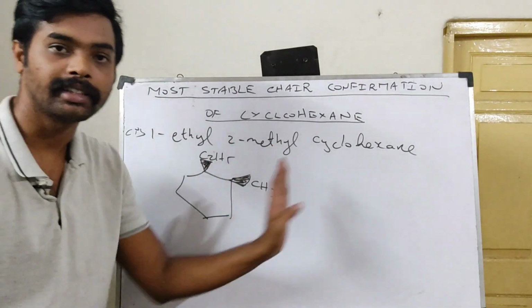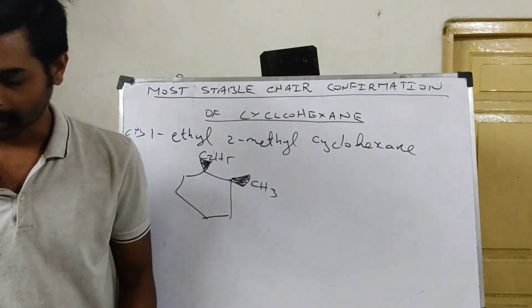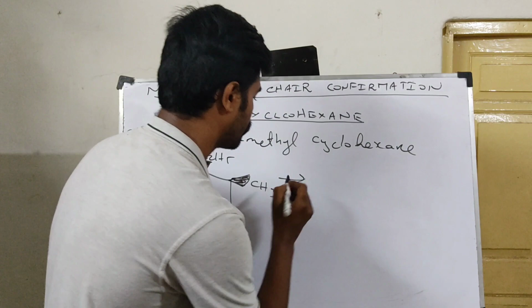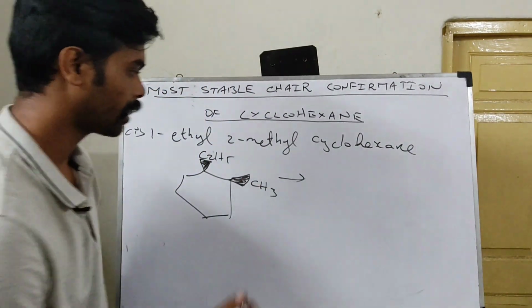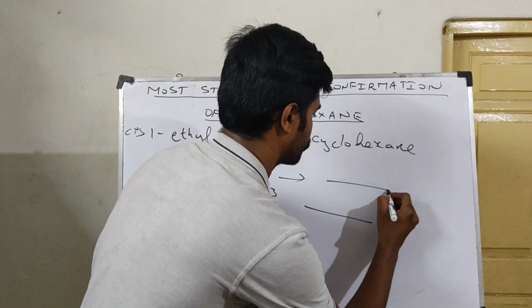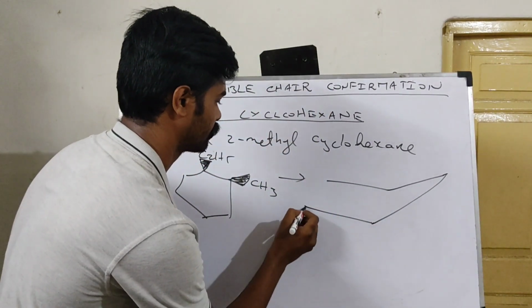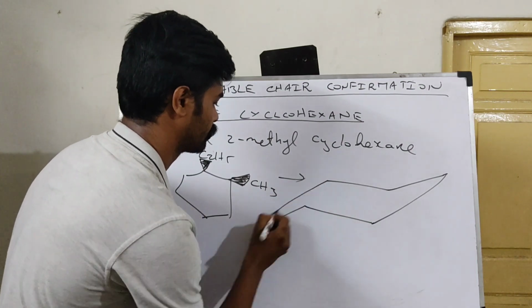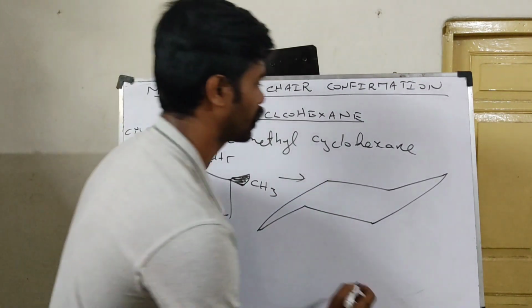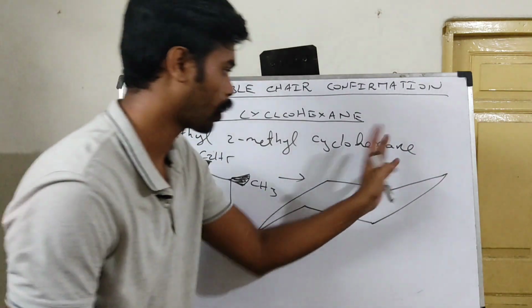So now we'll be able to easily incorporate it in the chair form. So that also we'll try to do. Into the chair form, let me put the required bonds only.